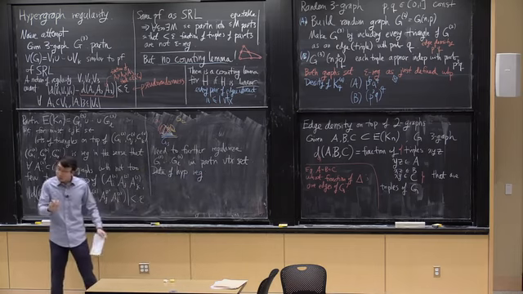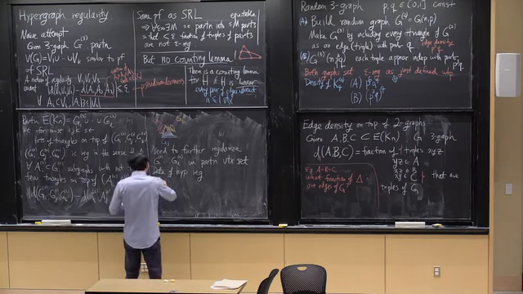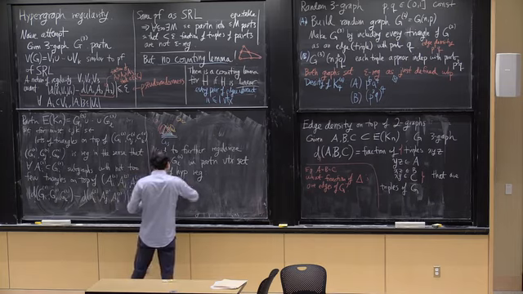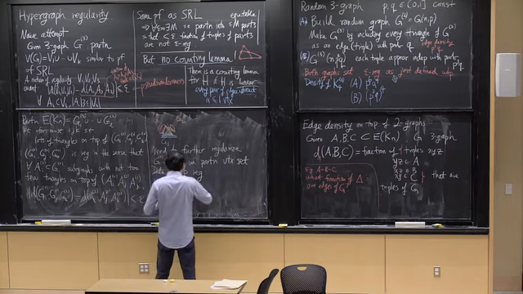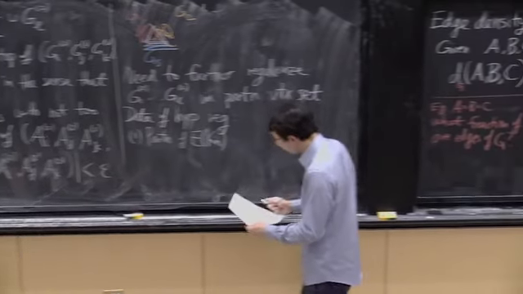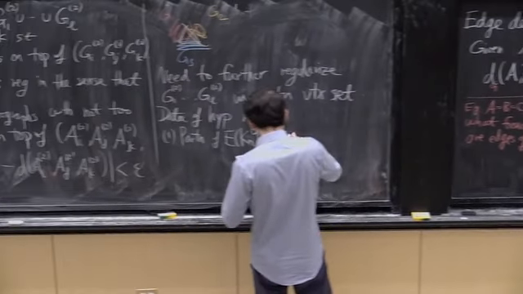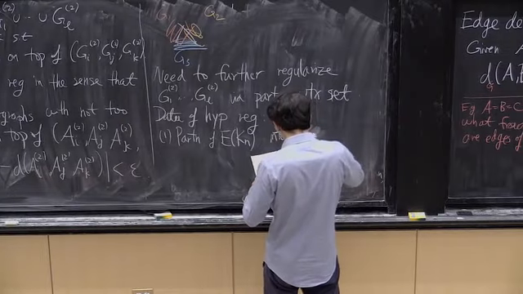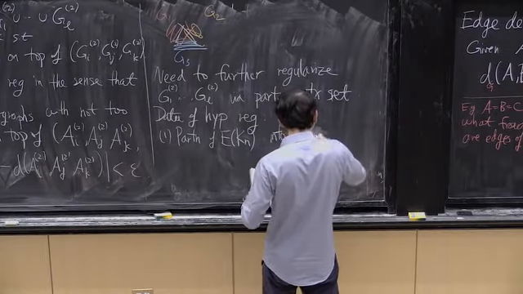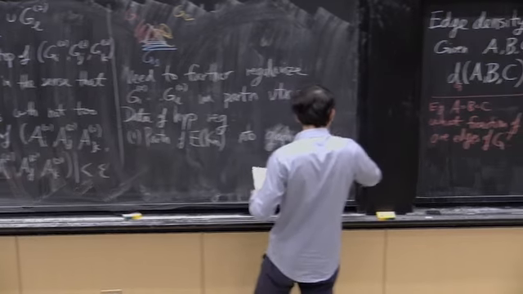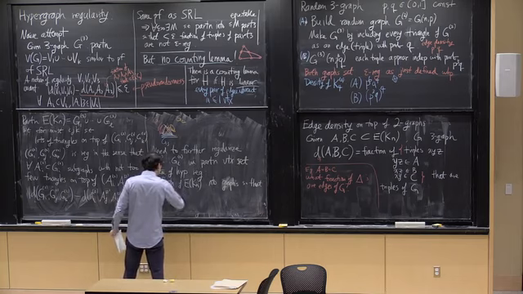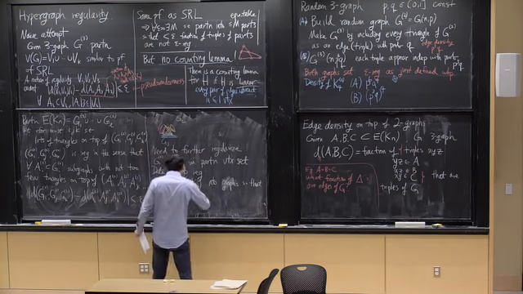So the data of hypergraph regularity is not simply a partition of the vertex set, but it's twofold. One is a partition of the edge set of the complete graph, so a partition of the vertex pairs into pseudo-random graphs, so that the hypergraph G sits pseudo-randomly on top.